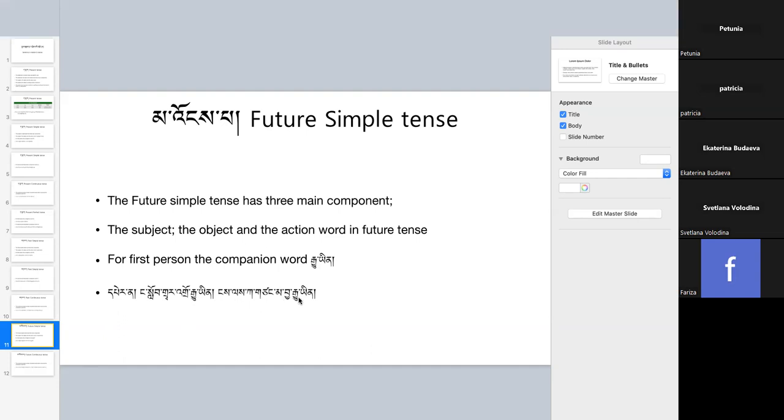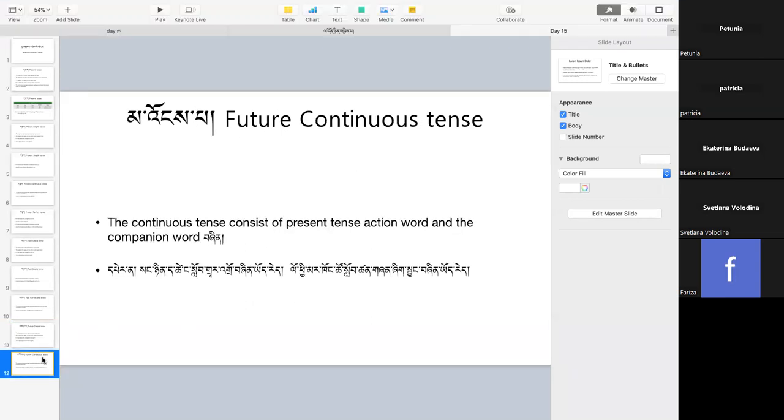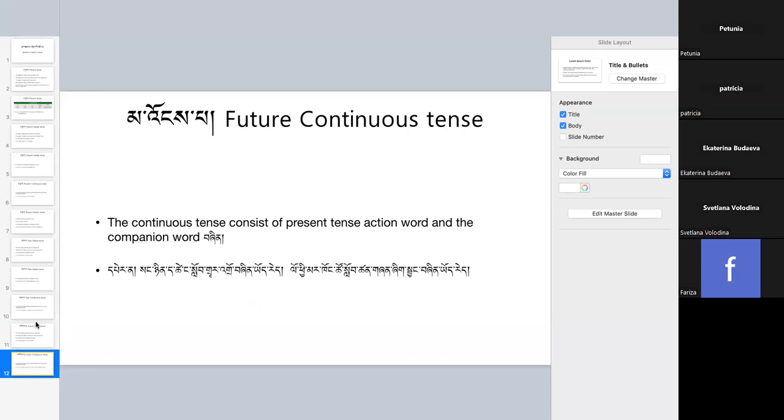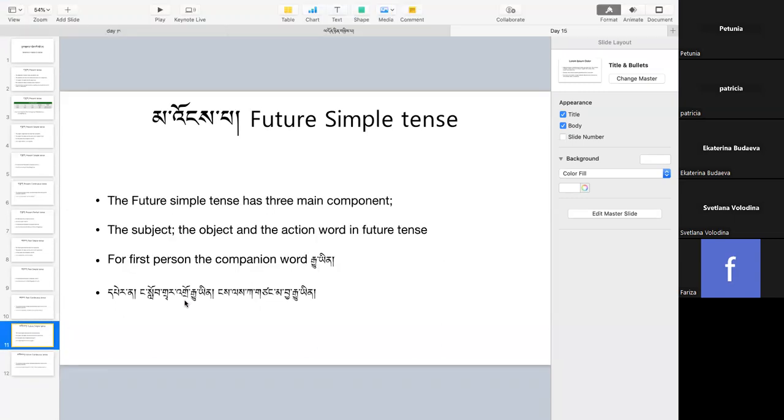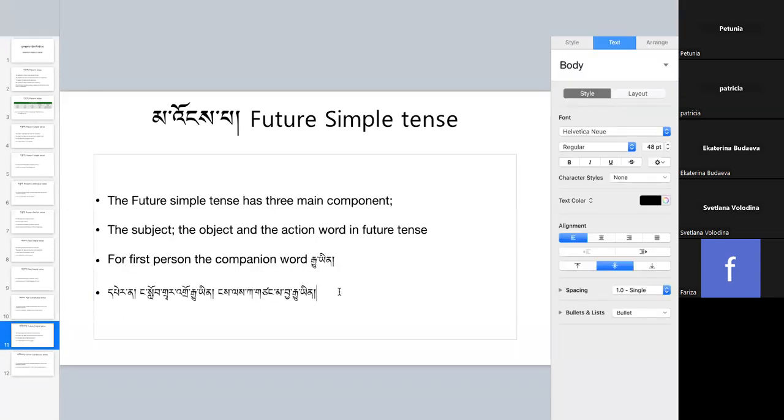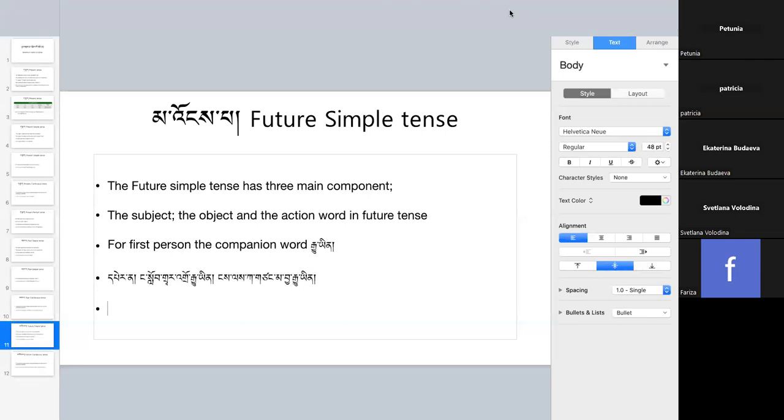Nge leka tsangma chegyu yin. So okay, let me add this. It seems that I have forgotten this.